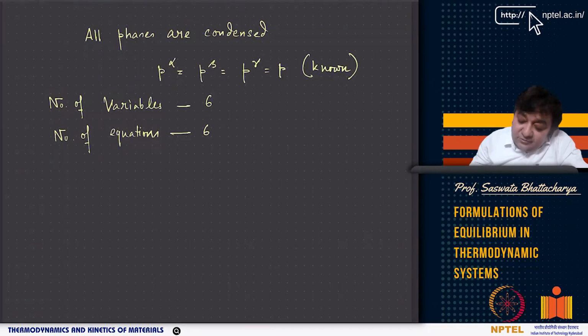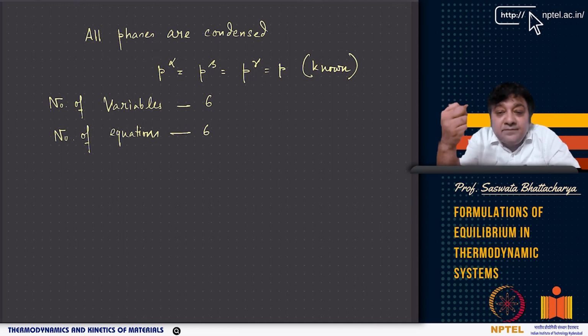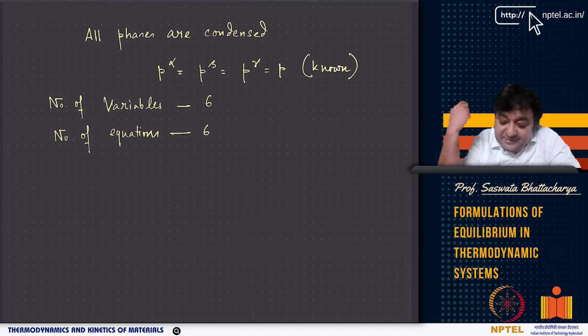First thing we can do is that if we assume all phases are condensed, that means the pressure dependence, or PV work, is negligible, right? Pressure dependence is negligible, and we can say that P alpha, P beta, P gamma have to be the same, and that is equal to some P that is known. So P is already known or specified. So P is basically, say, 101325 pascals or 1 atmosphere pressure.